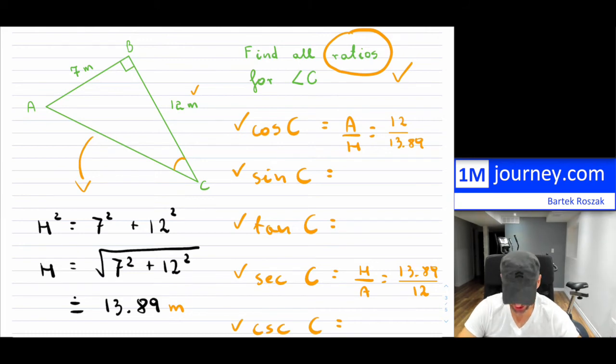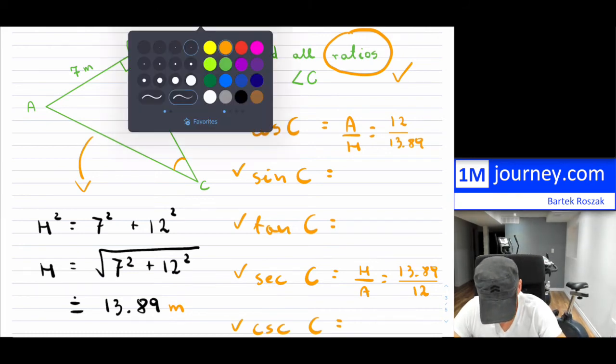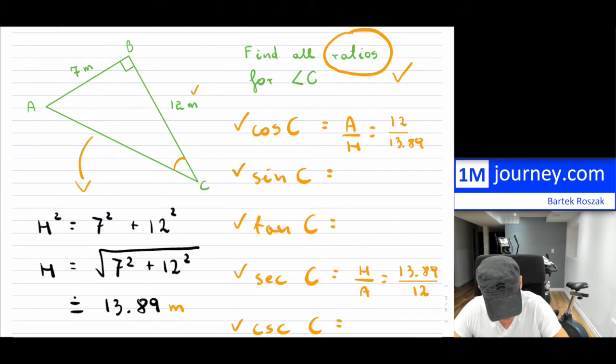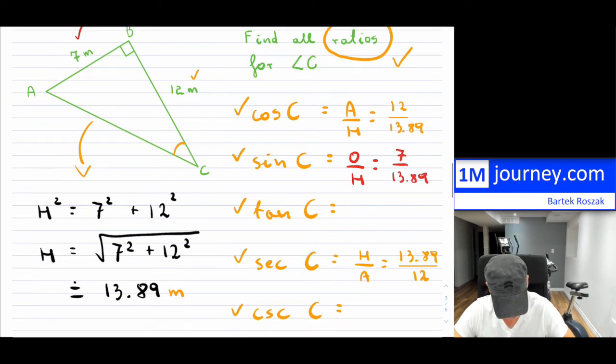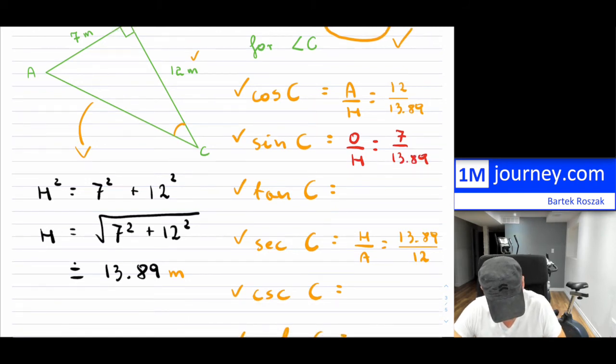Now, for sine, maybe I'll change the color so that it stands out a little bit. Sine is opposite over hypotenuse. The opposite is the 7, so we have 7 all over 13.89. Therefore, the cosecant is simply hypotenuse over opposite, which is 13.89 divided by 7.